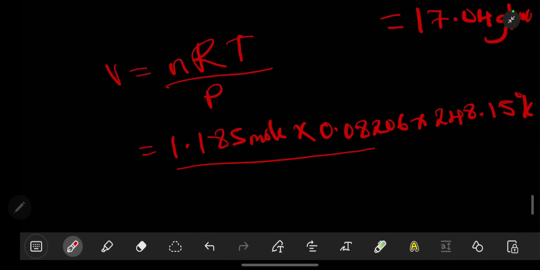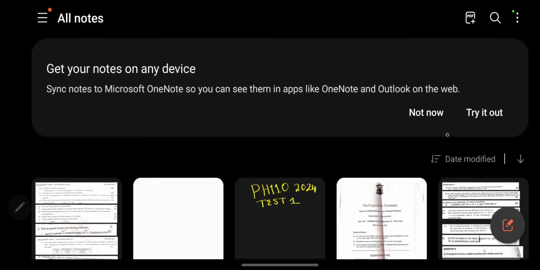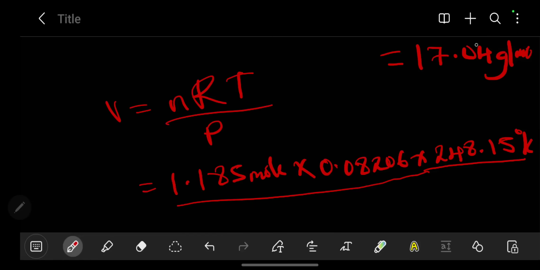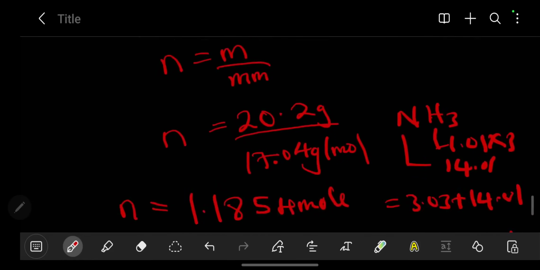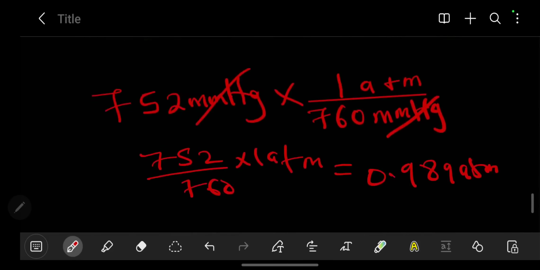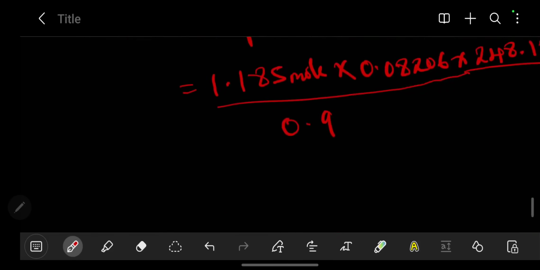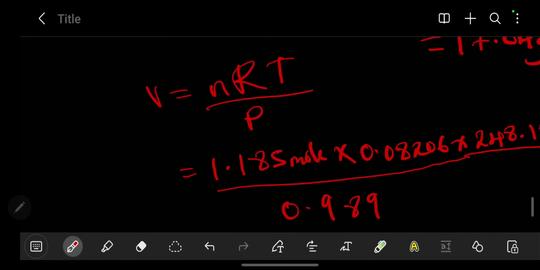Then we divide this over our other value, which is the pressure. We found the pressure to be equal to 0.989 atm.